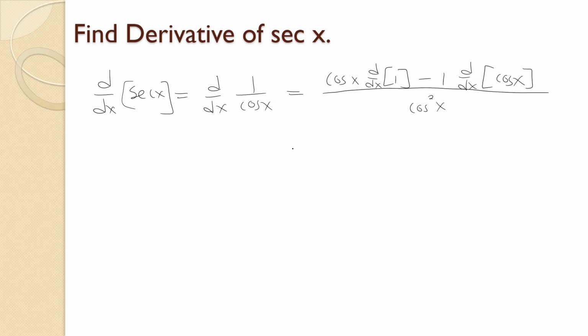So that's the same as writing the cosine of x times 0 minus the derivative of cosine, which is negative sine of x, and that's all over the cosine squared of x. So that's just the sine of x over the cosine squared of x. That's the answer. That's the derivative.